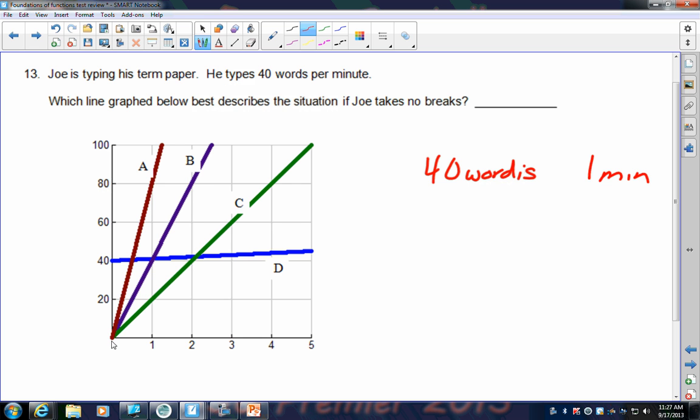Well, I'm going to look for 40 words in 1 minute. That crosses right here. So when I start here, I'm going up 40 and over 1. It lands on this line B and D. Well, if I go up again, 40 words in 1 minute, that's on line B.